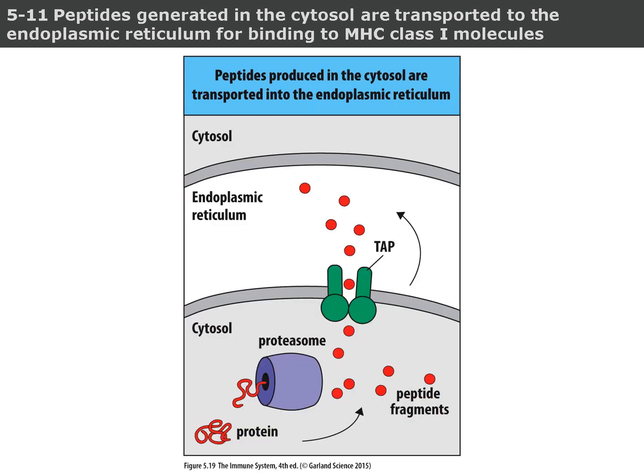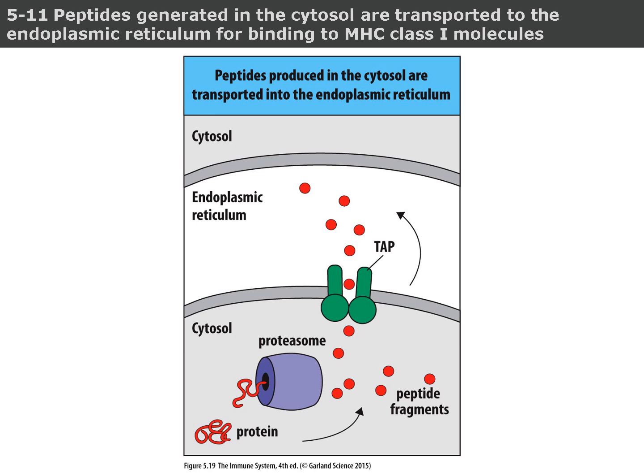This slide illustrates how intracellular proteins are processed and prepared for presentation by MHC class I molecules. In the cytosol, proteins are broken down by a structure called the proteasome. This generates small peptide fragments, shown as red dots. These peptides must be transported into the endoplasmic reticulum, where MHC class I molecules are assembled.